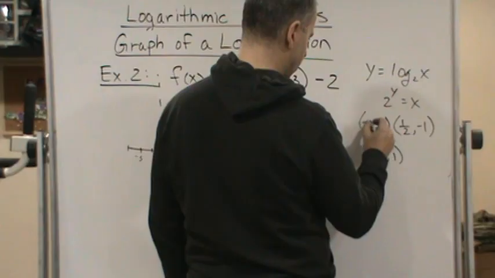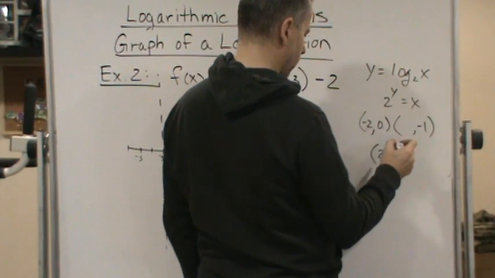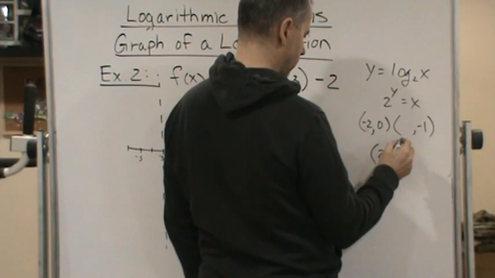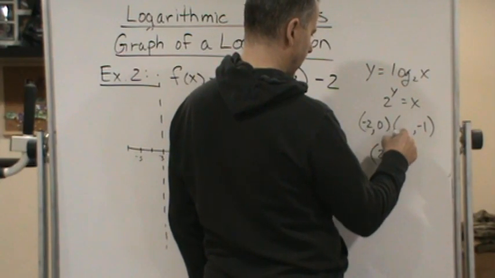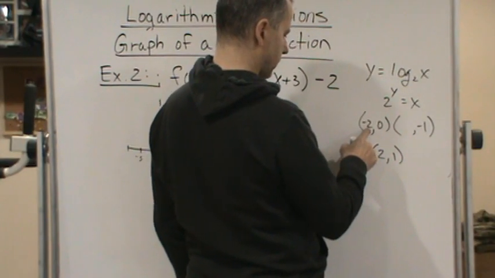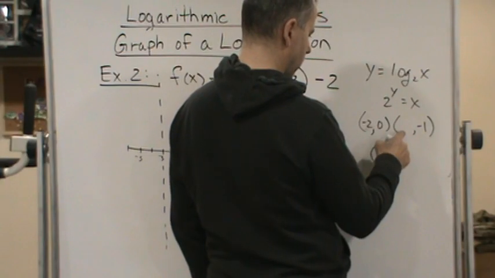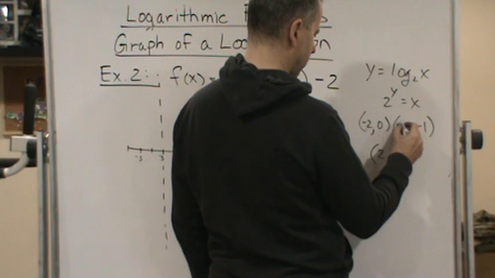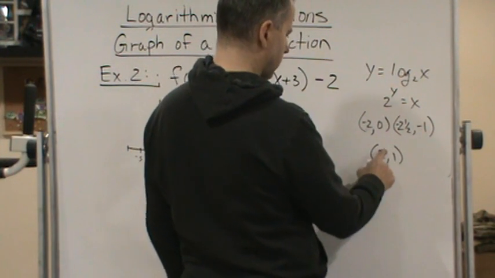So 1 is going to go to negative 2, and 1/2 is going to go to negative 2.5. And then this value here is going to go to negative 1.